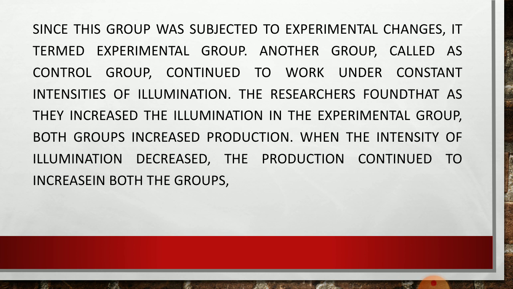The researchers found that as they increased the illumination in the experimental group, both groups increased production. When the intensity of illumination decreased, production continued to increase in both groups. It shows that when higher light was given, production increased, but when normal light was given, it did not affect production.